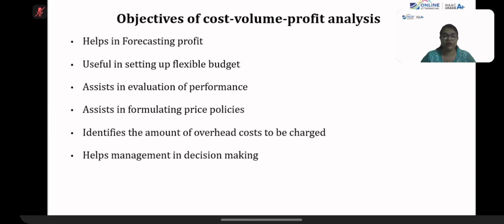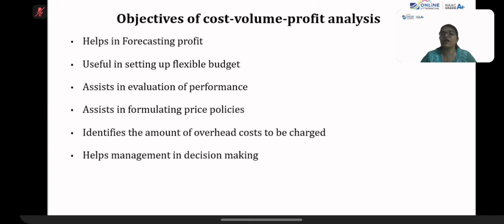For example, a company is, let's say, selling 1000 units at 50 rupees each. So you can use this CVP analysis to understand how profit changes if the company sells 1200 or 800 units.